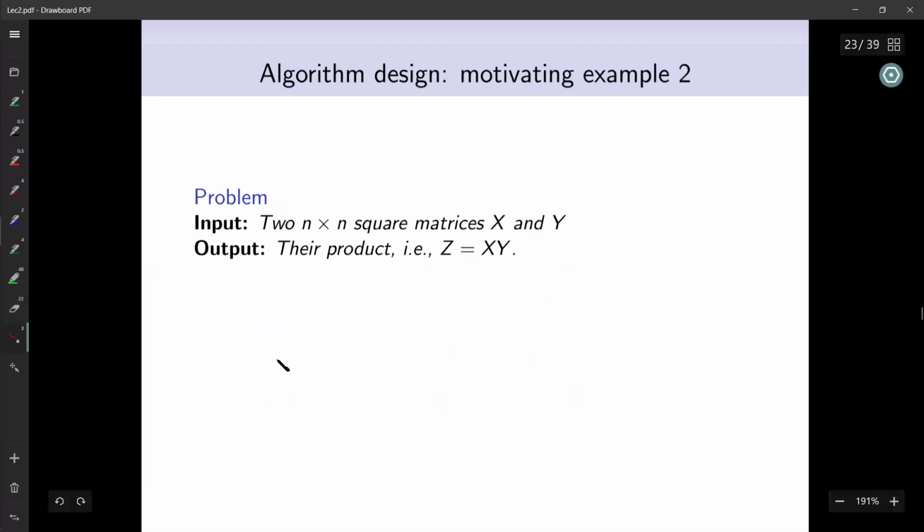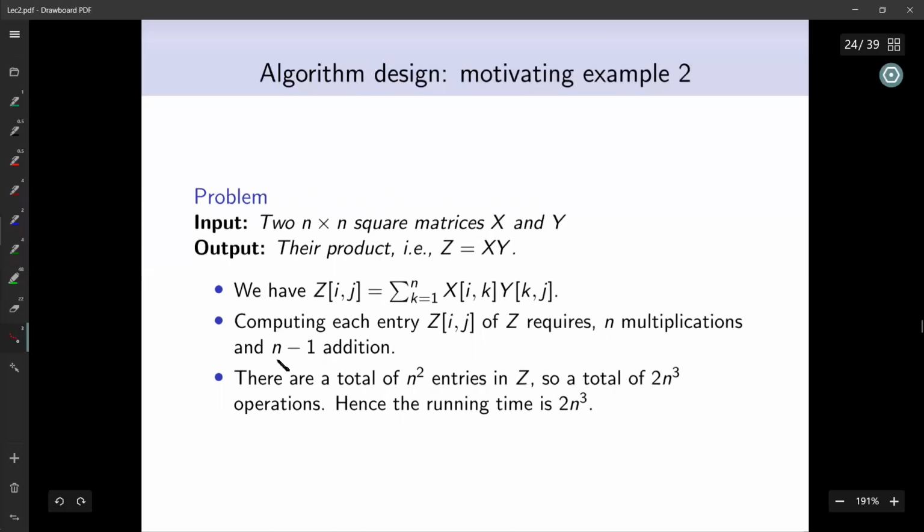The task is to compute the product of two n by n square matrices. Suppose we are given as input two n by n square matrices with, let's assume for now, integer entries. Output must be their product. Again, we'll do the high school definition. By definition, the ijth entry of the product matrix, for i, j less than or equal to n, is given by this expression: summation k equal to 1 to n of xik times ykj.